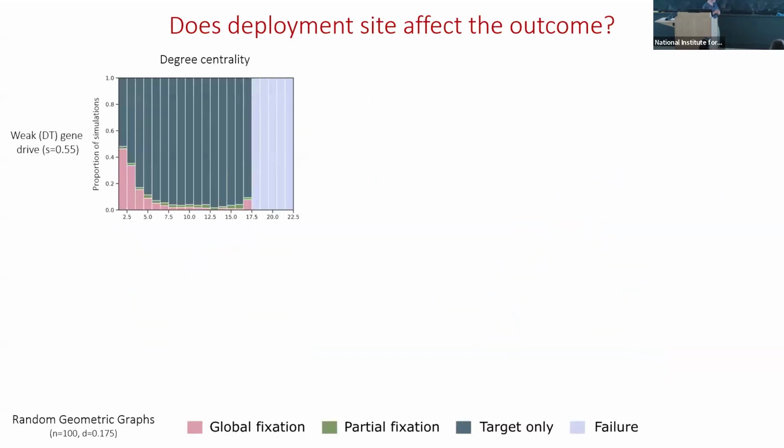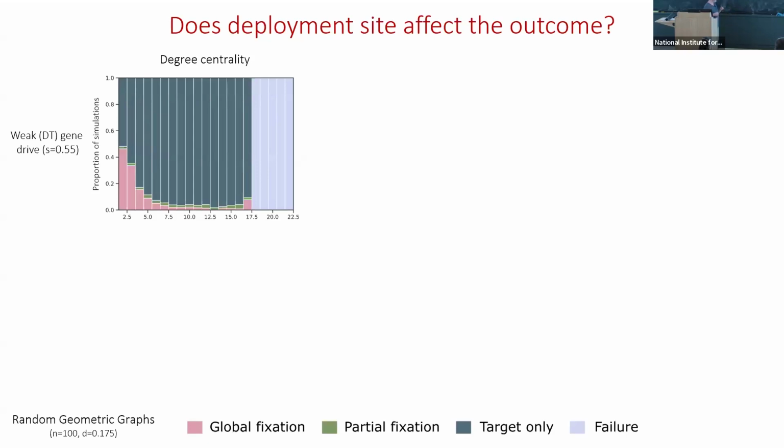So in order to see if we can say something about the outcome for a particular release site, we looked at the properties of the nodes that we released the gene drive into. These are results of some simulations where we release the gene drive at different nodes. You can see the degree on the bottom, on the x-axis.